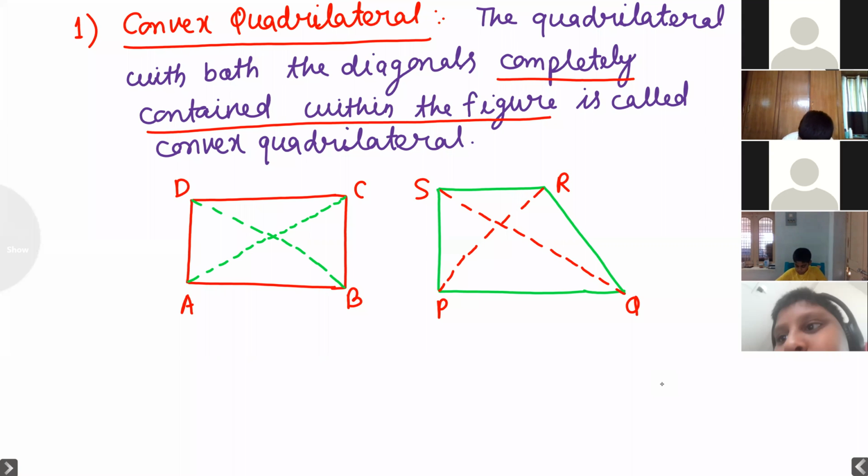Draw this figure clearly. Not only this figure, students, so many figures we can draw, but both diagonals will exist inside, not outside the figure.